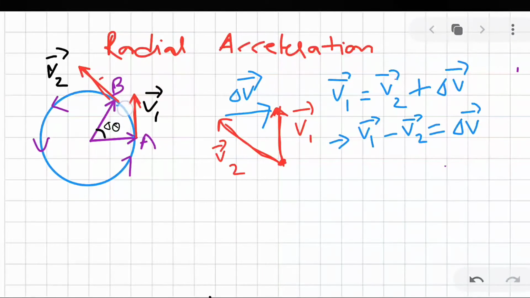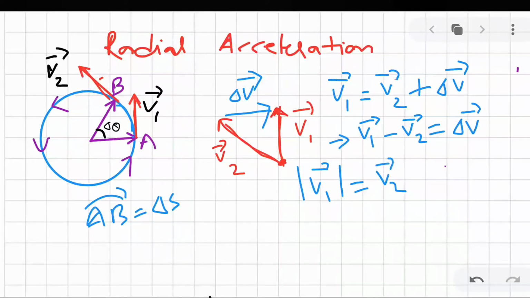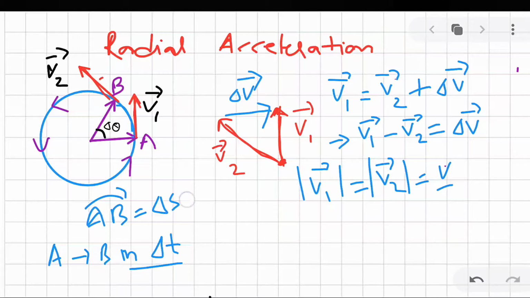Suppose this arc length AB is equal to delta S. We have assumed that the particle is moving with constant speed, so modulus of v1 equals modulus of v2 equals v, where v is the speed. The particle goes from A to B in time delta t, so I can write delta S is equal to v delta t.